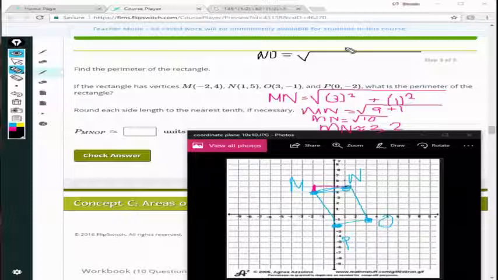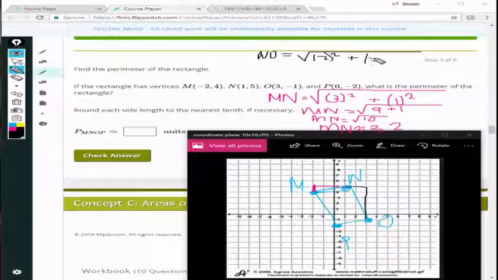Okay, our horizontal distance comes first, so we have 1, 2, we have the length of 2 squared. Now it's our vertical distance, so 1, 2, 3, 4, 5, 6.